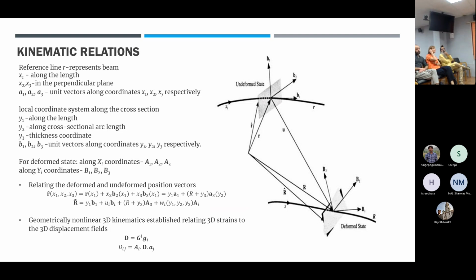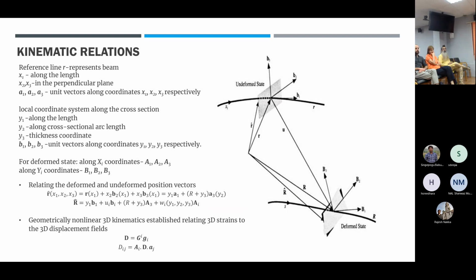We have the local coordinate system for the deformed state and the local coordinate system for the undeformed state. So y1, y2, y3 correspond to the x1, x2, x3 directions, but at the local level. And similarly for the deformed state, we have these cross-sectional coordinates and the basis vectors.